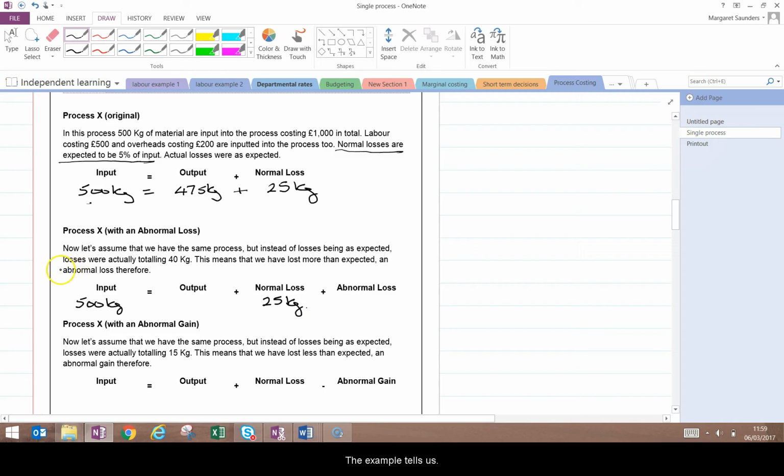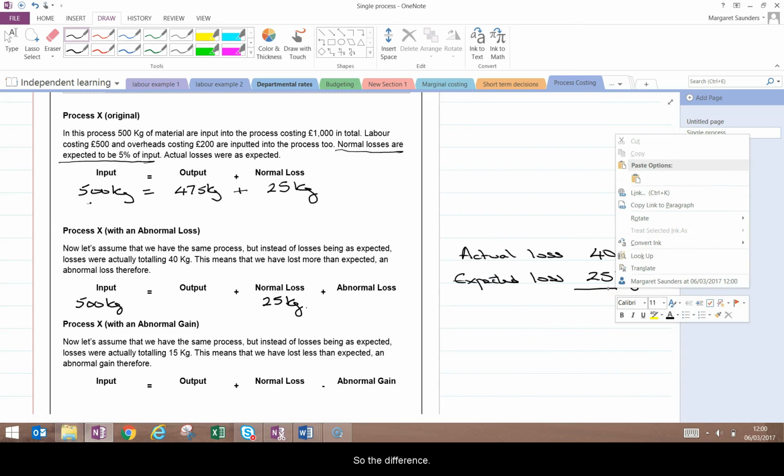The example tells us actual loss was 40. We expected to lose 25. Okay, remember your expected loss is your normal loss.